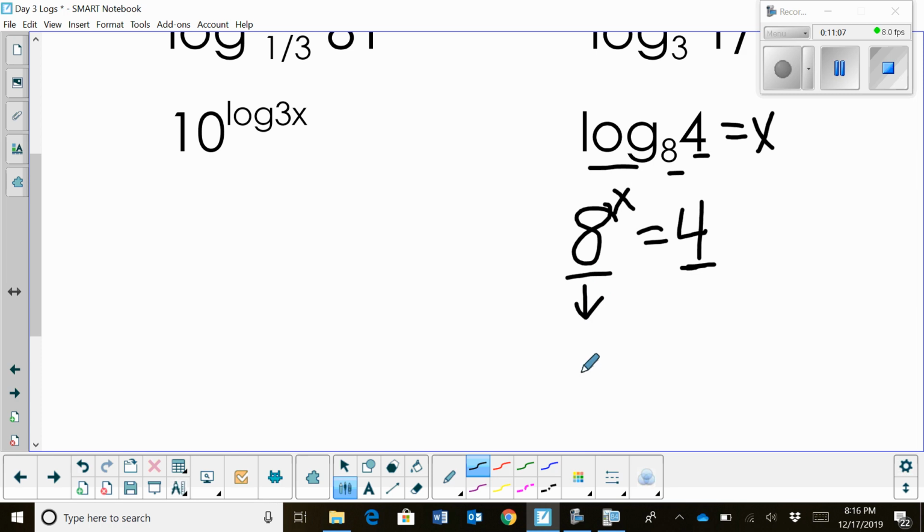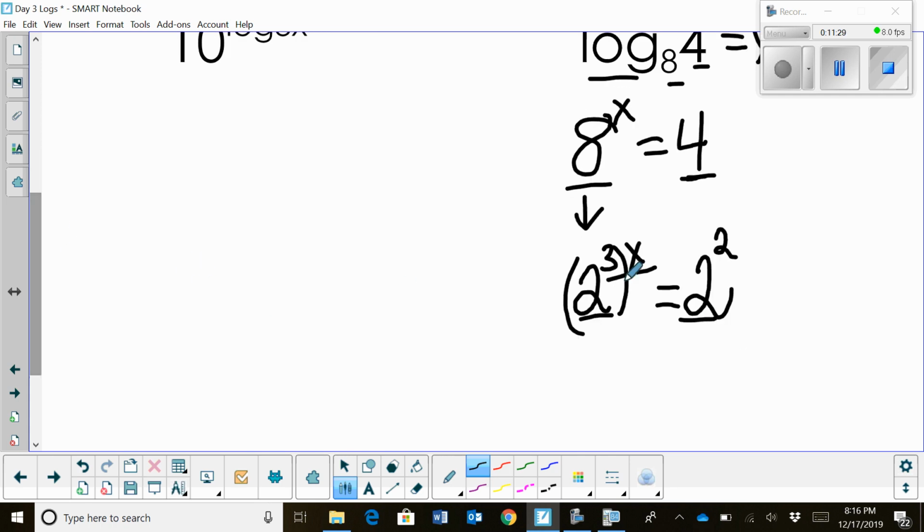So I'm going to rewrite 8 as 2 cubed. Well, 2 cubed all to the x power is really just 2 to the 3x. And that's going to equal 2, and I can rewrite 4 as 2 squared. So now I've got my bases matching.